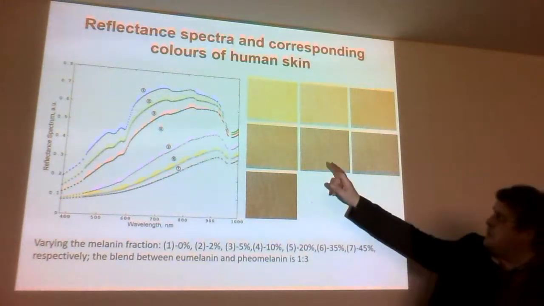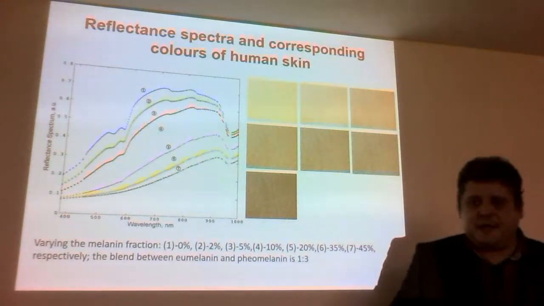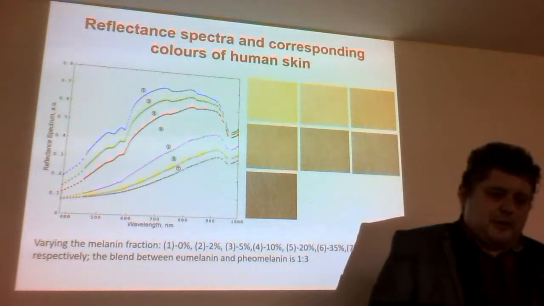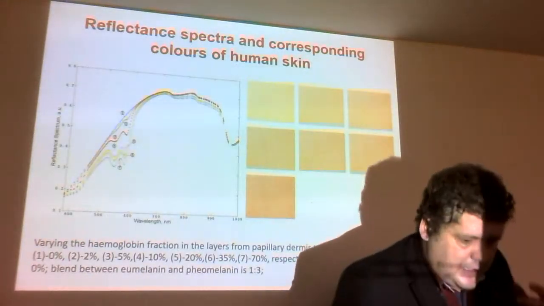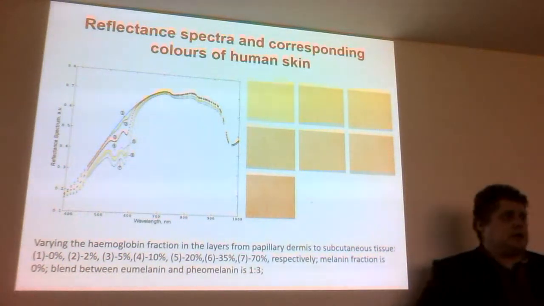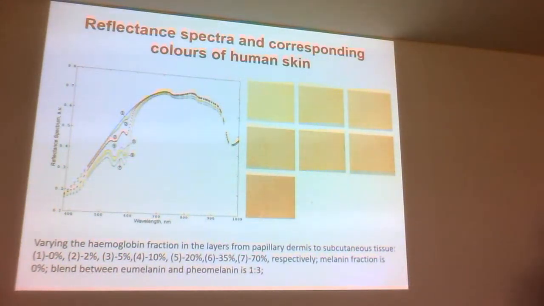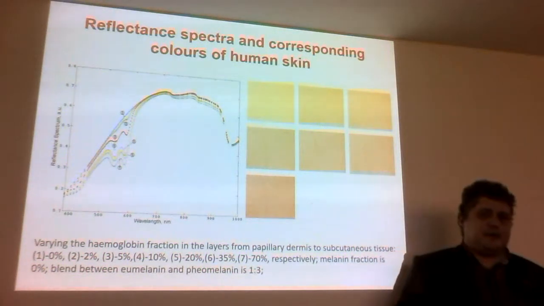So we are able to imitate the actual skin color for different distribution of melanin or melanin granules and so on. The other way is to imitate the changes of reflectance spectra and corresponding color of skin when we change the blood parameters within the particular layer or in several layers.